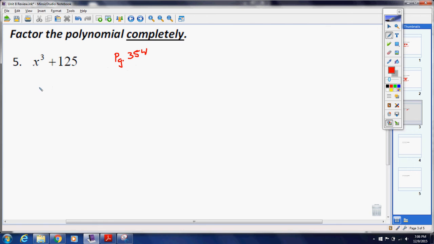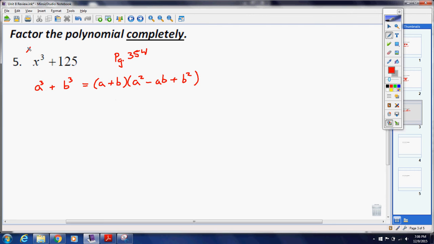It tells us that a cubed plus b cubed equals a plus b times a squared minus ab plus b squared, I believe. That's it. So we have to relate our expression to what they gave us in this formula.